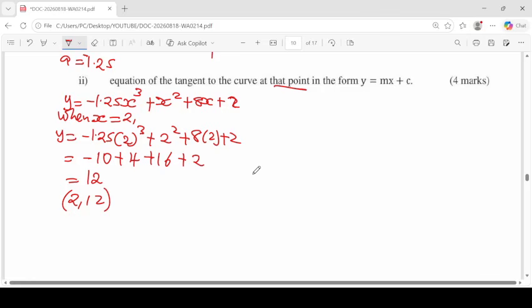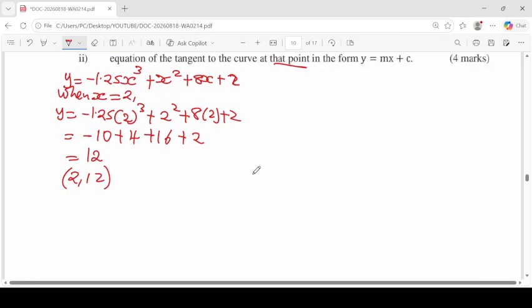What are we going to do? We have the point and we have the gradient. Now we are going to say y minus 12 all over x minus 2 should give you the gradient, which is negative 3. When you cross multiply, you'll have y minus 12 is equal to negative 3 into x minus 2.